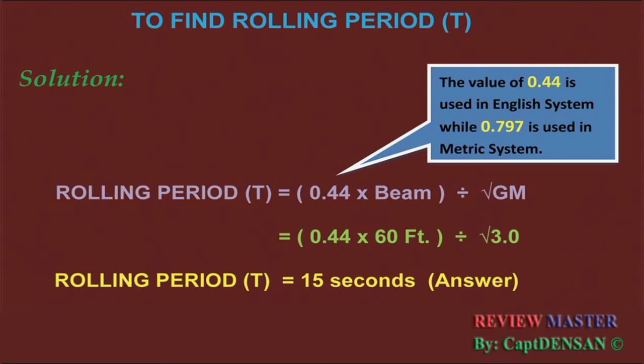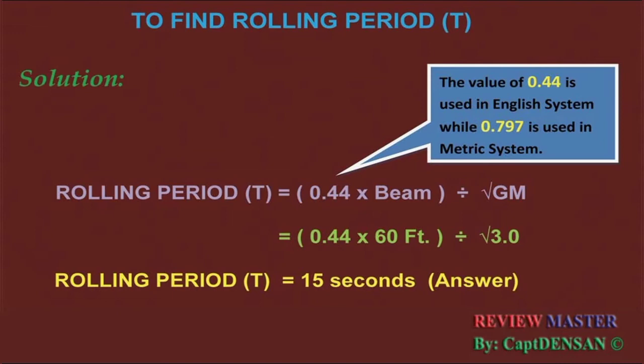After the introductory slide, I mentioned that we can obtain the value of GM by getting the rolling period with only a timer. No? Simply by using your cellular phone, you have the timer there, so you can already obtain the rolling period of your ship.